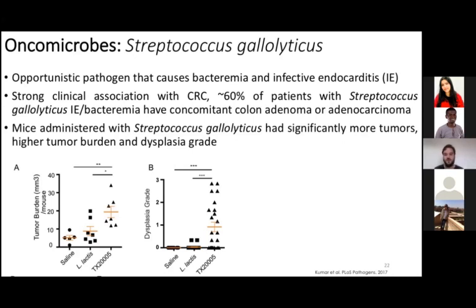And in this work published in 2017, the authors showed that mice that were administered Streptococcus gallolyticus had significantly more tumors, a higher tumor burden, and higher dysplasia grade compared to mice that were administered saline solution or Lactococcus lactis as a control.